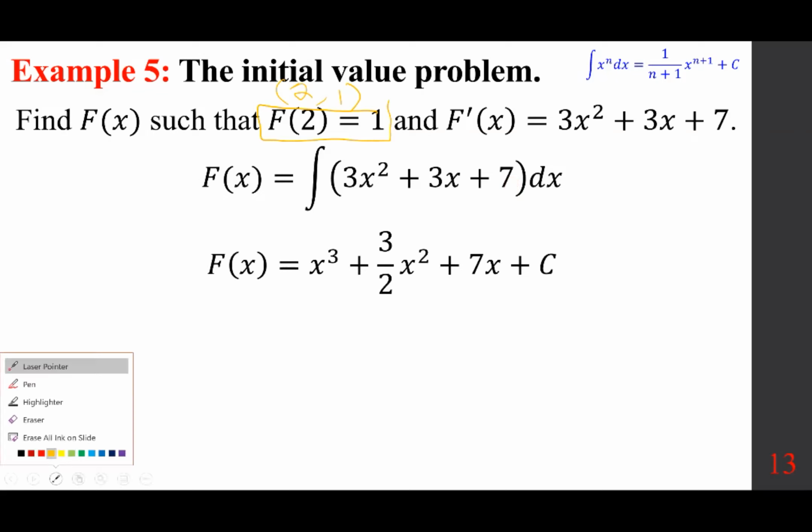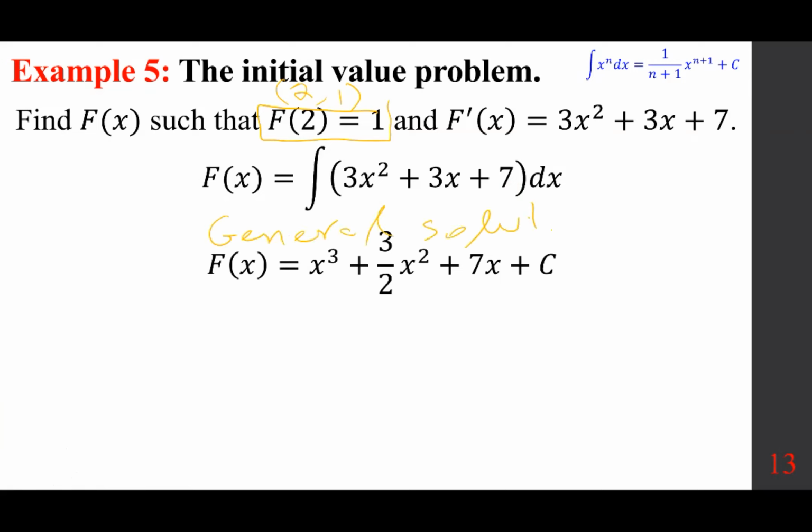Let me write it. Why is it a general solution? Because it has a constant. We're going to use this pair, which means wherever you see x, replace it with a 2, and f of x or y, replace it with 1. Let's do the work.